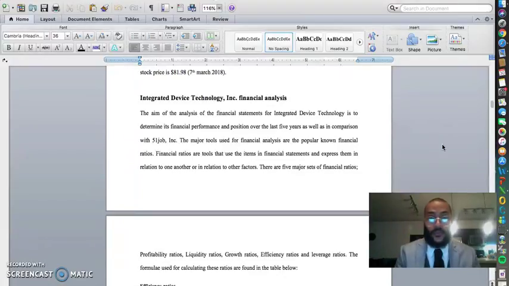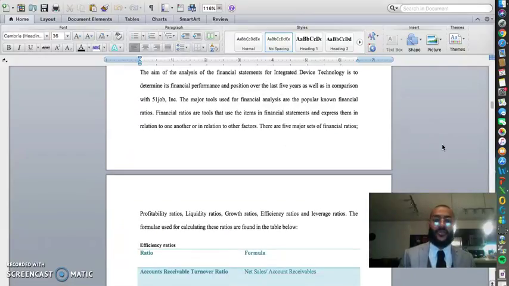The major tool used for financial analysis is the popular financial ratios. Financial ratios are tools that use the items in financial statements and express them in relation to one another or in relation to other factors.